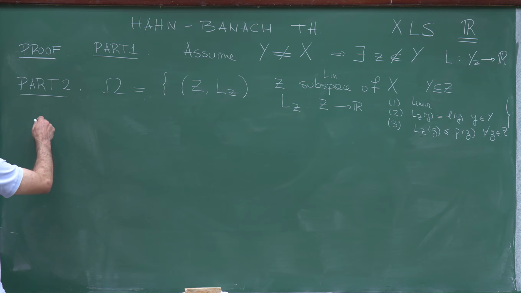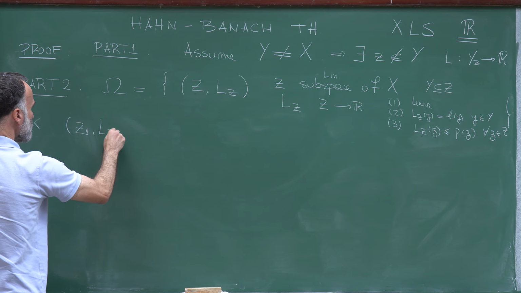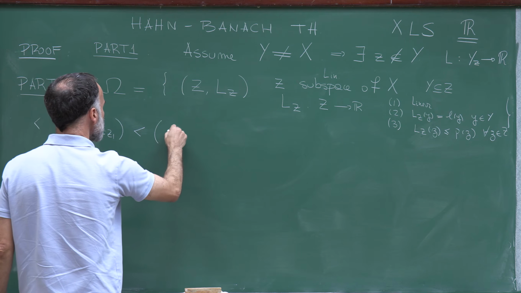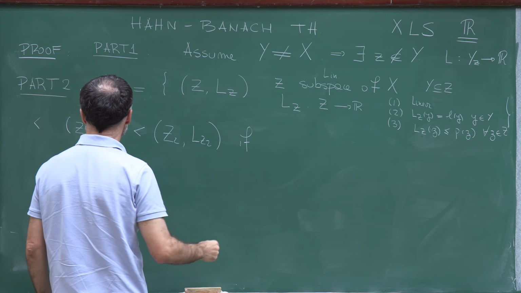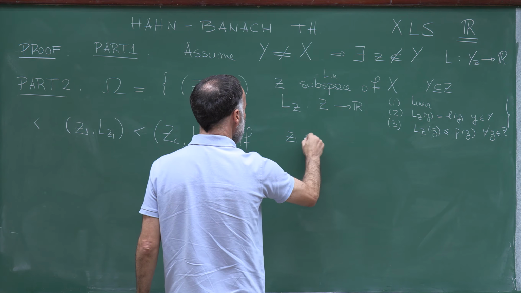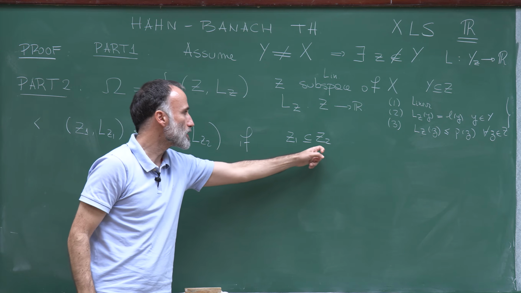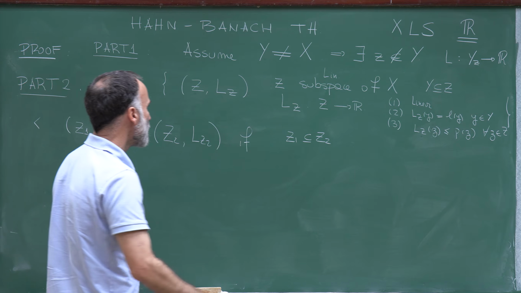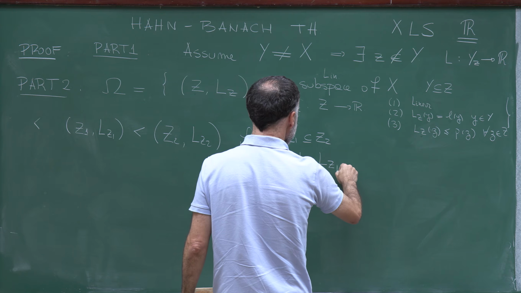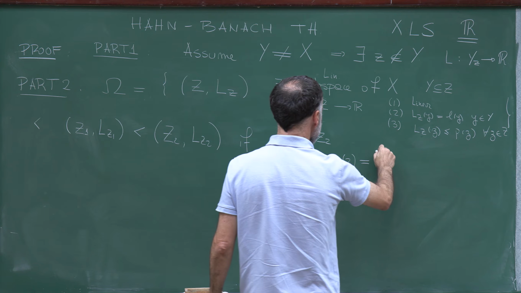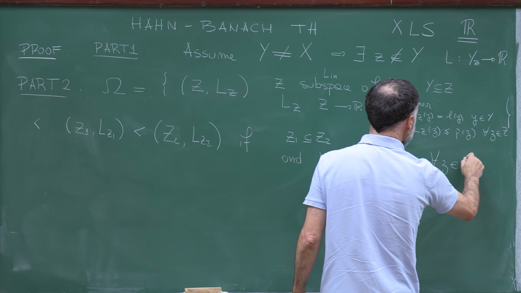On this set, I will define an order. So I'll say that (Z1, LZ1) is smaller than (Z2, LZ2) if Z1 is contained in Z2, so the linear space Z1 is contained in the linear space Z2, and LZ1(z) is equal to LZ2(z) for all z in Z1.